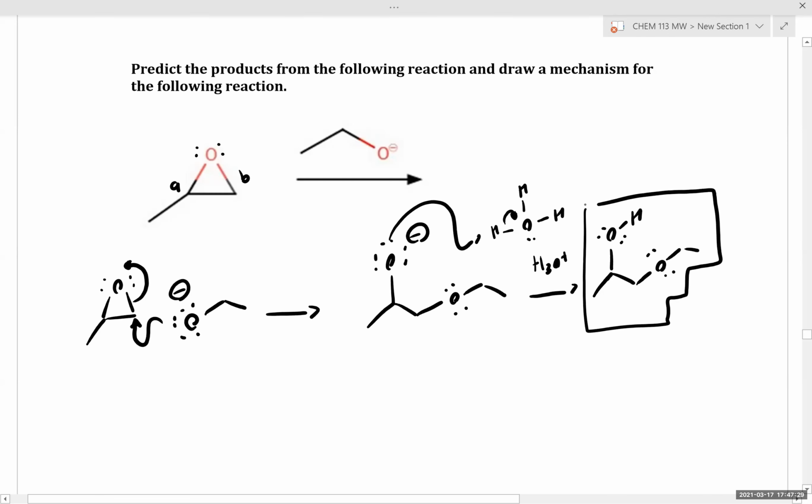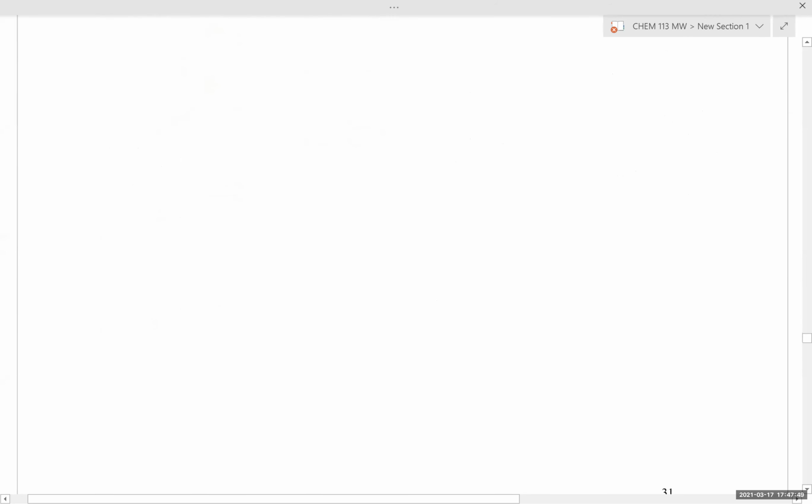Does everyone see how under basic conditions, we follow an SN2 mechanism? Perfect.